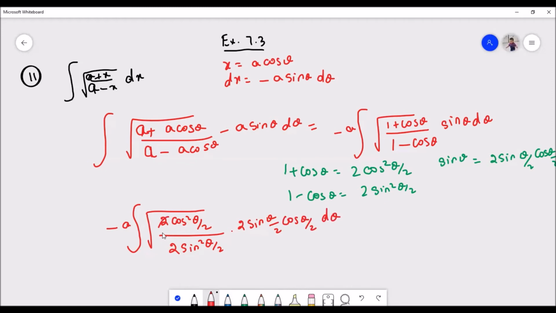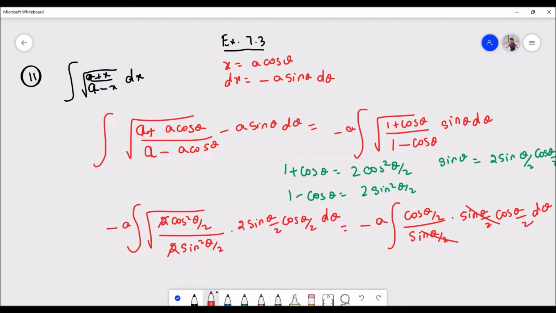Sin square theta by 2 and cos square theta by 2 are under the root, so I can take them out. So minus a integration of this will change simply as cos theta by 2 by sin theta by 2. I could write a cot, but I don't want to, because I can cancel some terms. Sin theta by 2 into cos theta by 2 is there for me here into d theta. So I can cancel sin theta by 2.